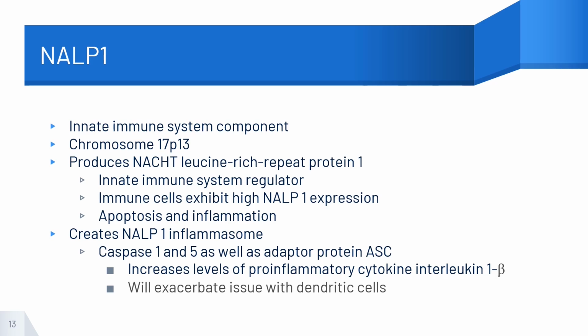And so we have the combination of the inflammation from the leucine-rich repeat protein 1 as well as NALP1, and you're going to have an exacerbated issue with dendritic cells, because this inflammation is going to keep pulling dendritic cells into that specific area with the melanocytes.